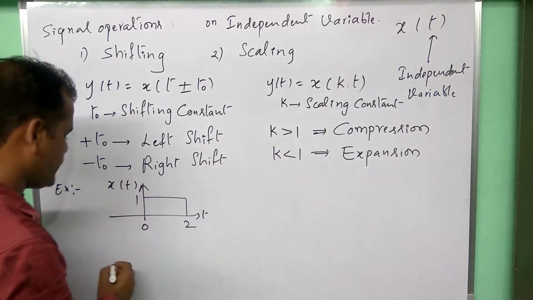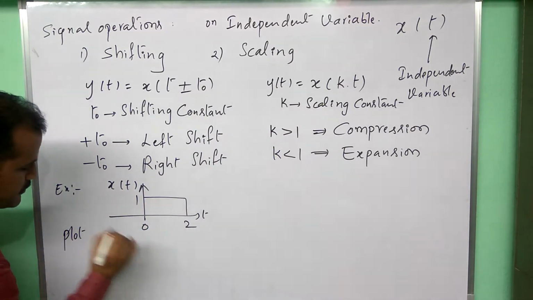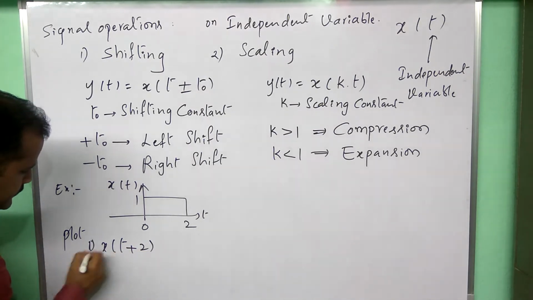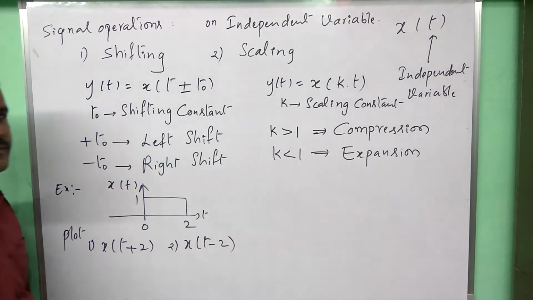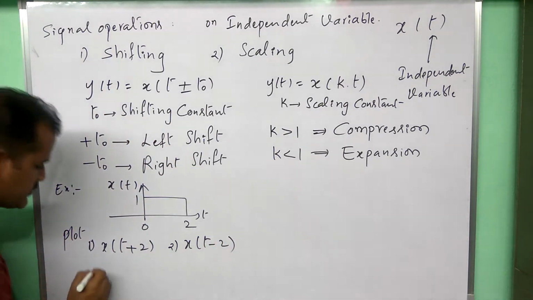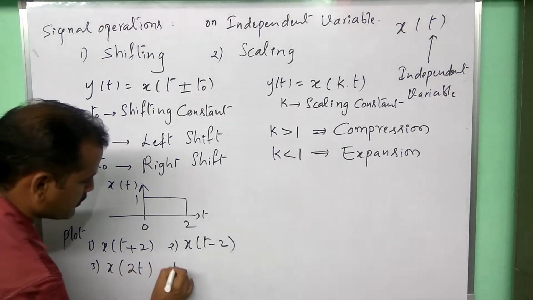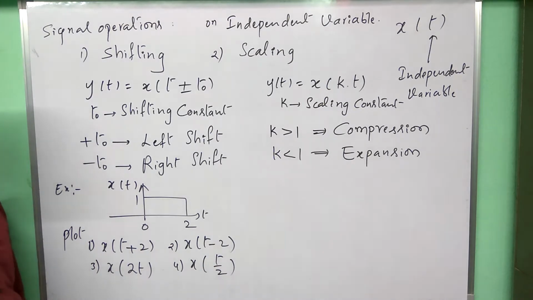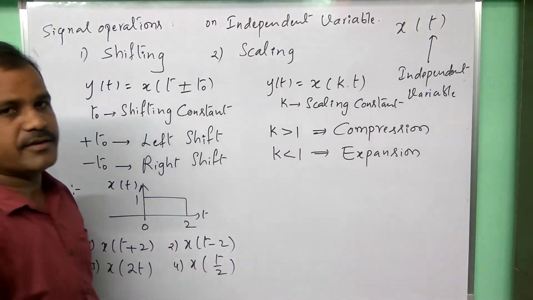Let us plot x of t plus 2 first, second x of t minus 2, then x of 2t, and fourth x of t by 2. After plotting these four signals, we can cross verify why they are called like that.